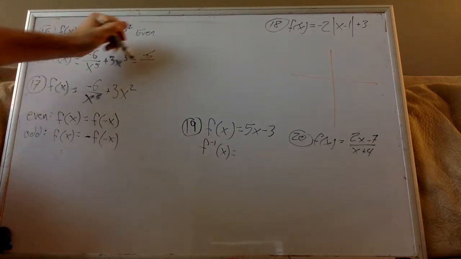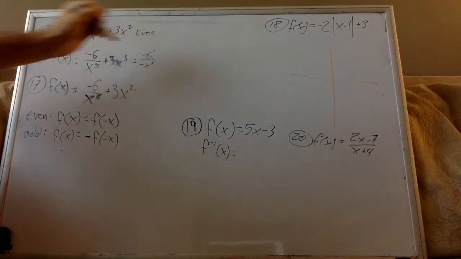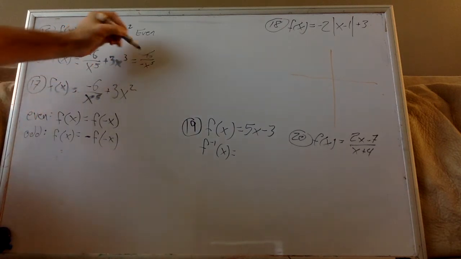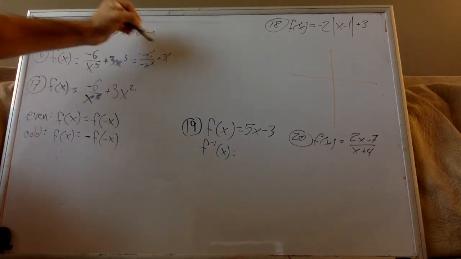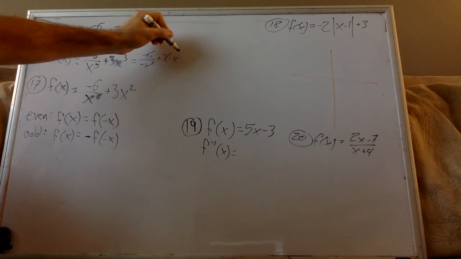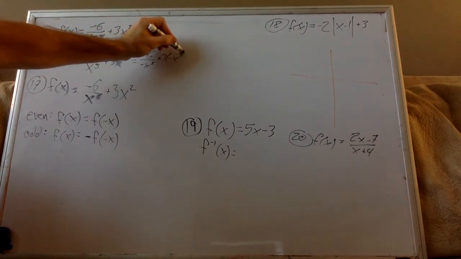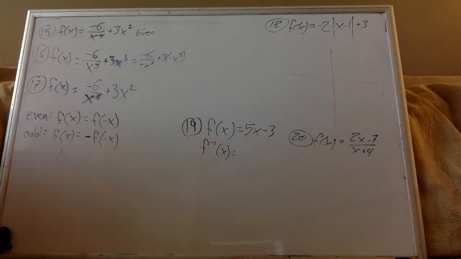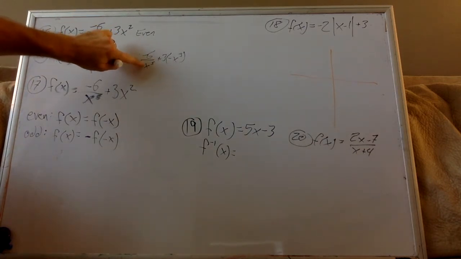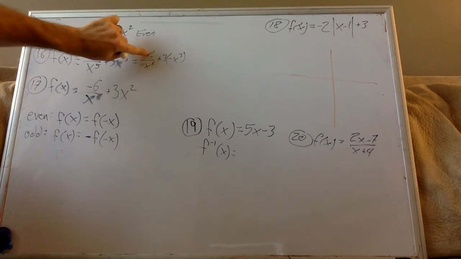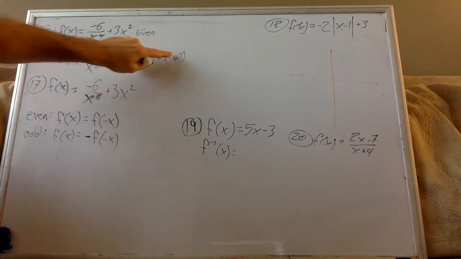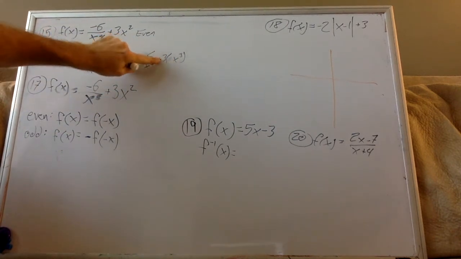And all those leave me with a -x to the fifth. And then in the same way here, I have my 3 times what's going to end up being -x cubed. So now these two negatives can cancel, right? And I can bring this negative here.